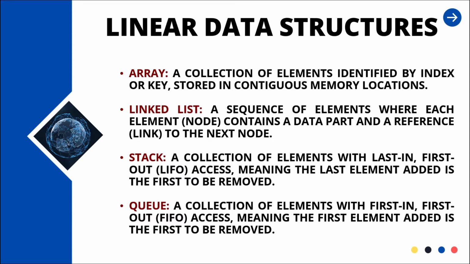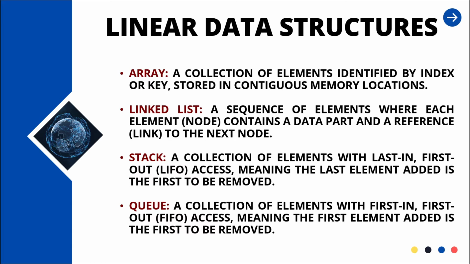A linked list is a sequence of elements where each element, which we call a node, contains a data part and a reference link to the next node. So in a linked list, they store data and also an address. Here we name the element a node and the address a link.